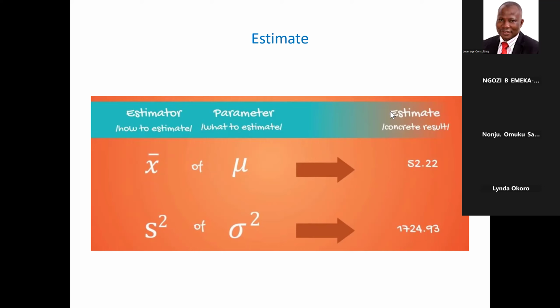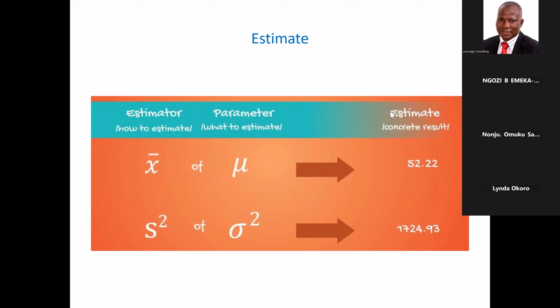You see, x-bar for mean, and mu. x-bar is the mean for the sample. Mu is the mean for the population, which is the real parameter. S squared is the variance for the sample, that is the standard deviation squared, then sigma squared is the variance for the population, which is the parameter.